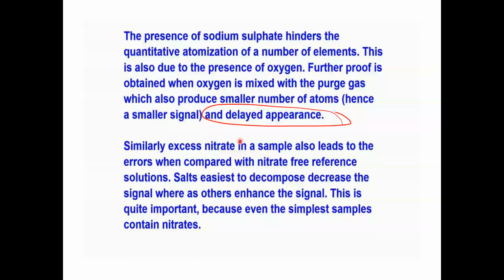Similarly, excess nitrate in a sample also leads to error when compared with nitrate-free reference solutions. So salts easiest to decompose decrease the signal, whereas others enhance the signal. This is quite important because even the simplest samples contain nitrates, right? So sodium sulfate hinders the quantitative atomization of a number of elements.